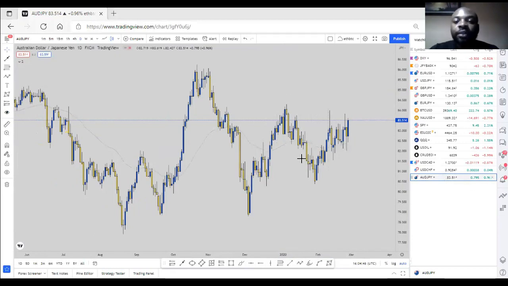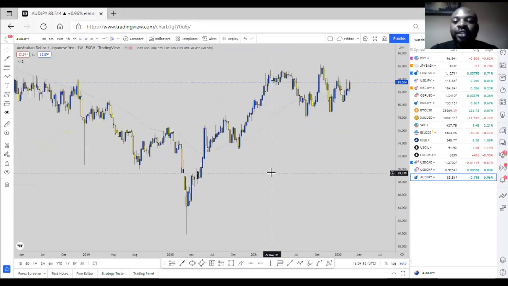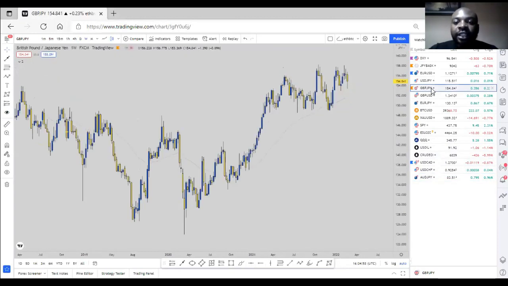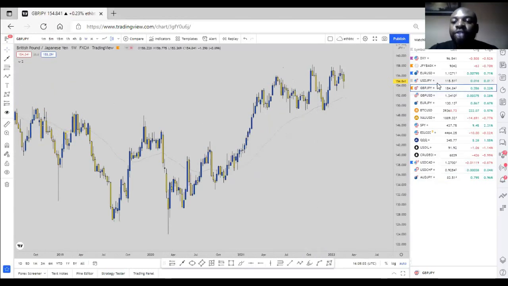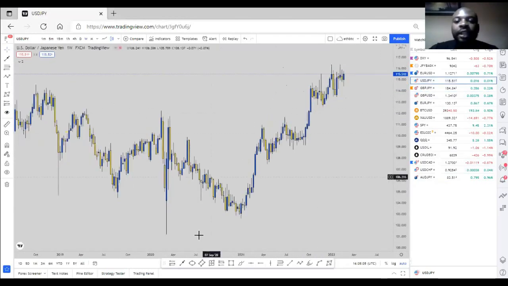So when I come to a pair like AJ, I always want to check the weekly charts. Can you see? Just barely looking at it, this is bullish. Where's the GJ? Barely looking at it, this is bullish. This is clearly bullish. UJ, clearly bullish. Can you see? Long term bullish.